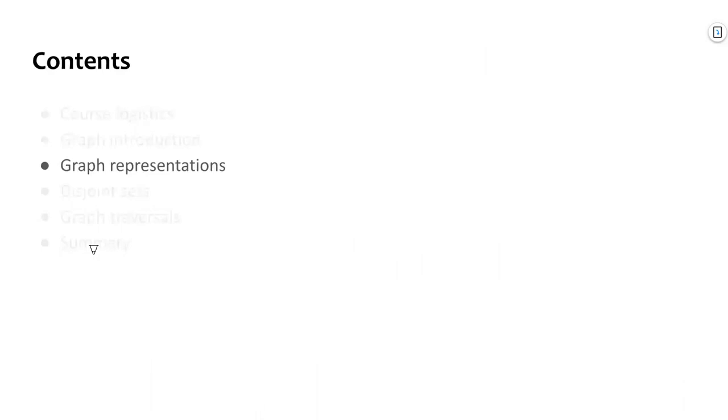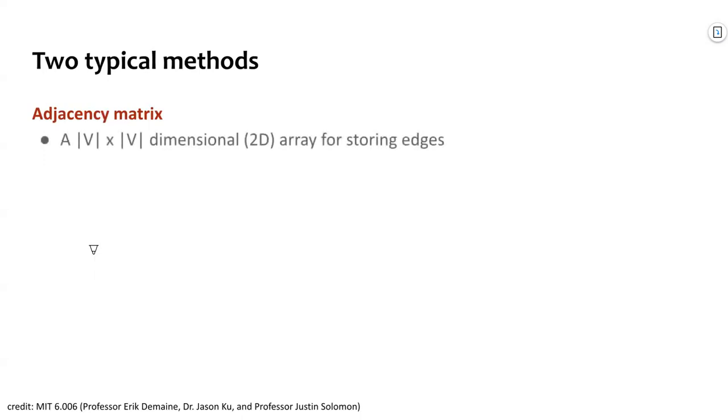From now on, we're going to talk about how we represent graphs using computers. There are two typical methods to represent graphs in a computer. The first one is called adjacency matrix. I guess some of you are familiar with this concept. This is a V times V dimensional 2D array for storing edges.